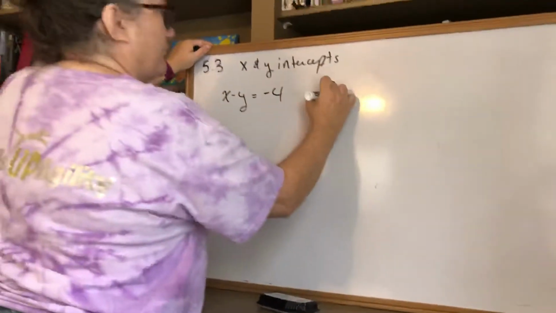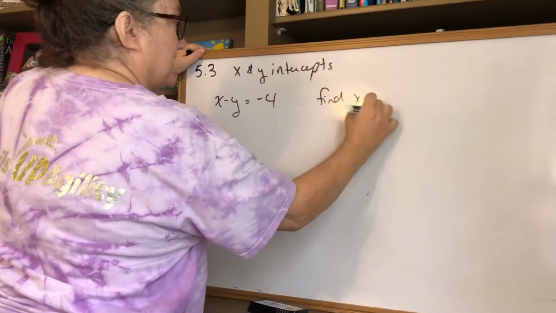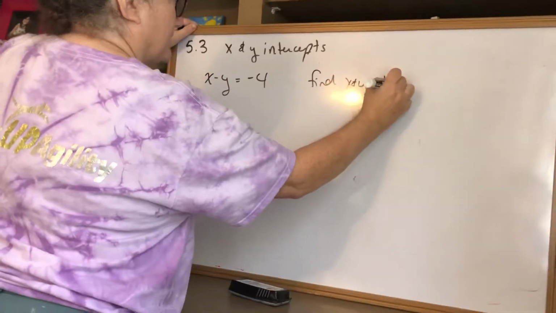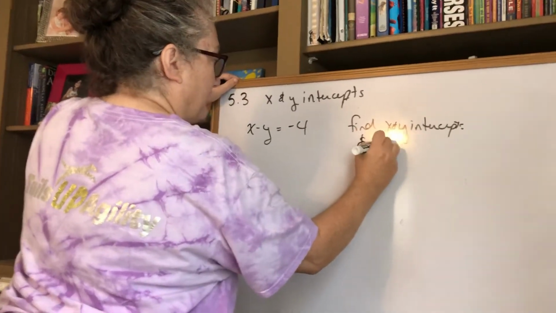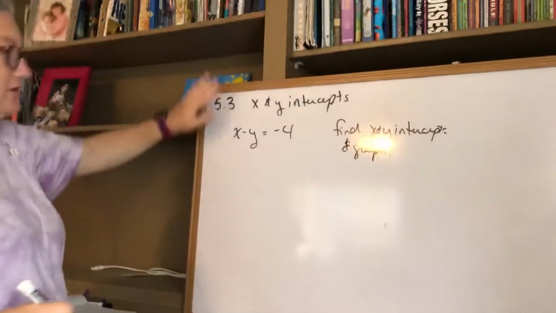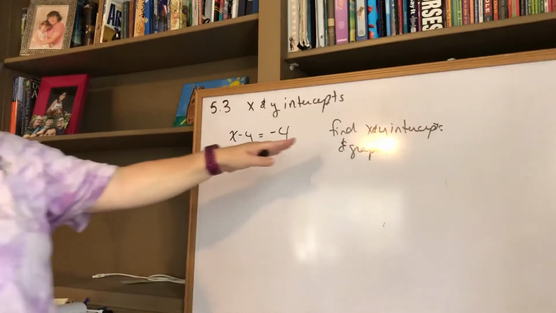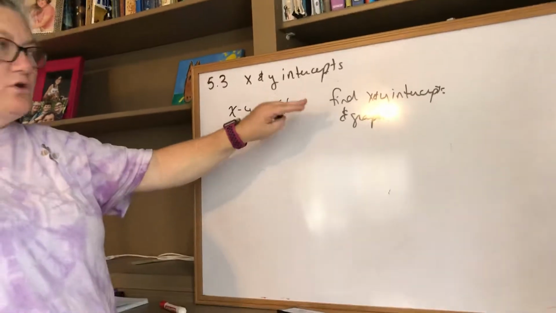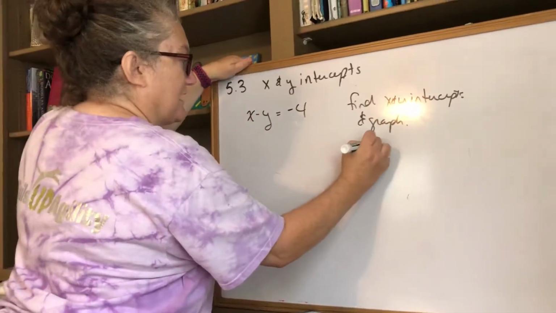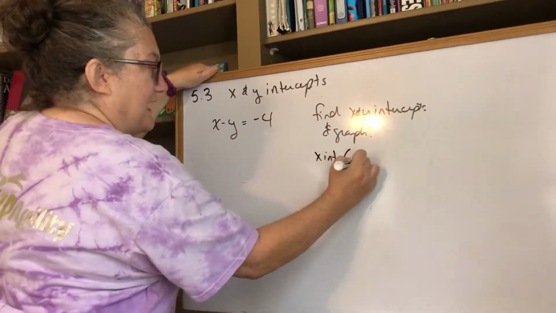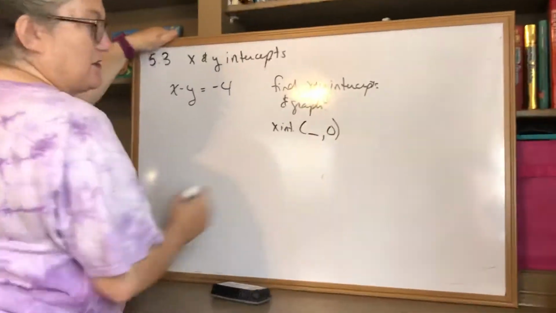So we want to find the x and y intercepts, if they exist, and we want to graph it. Okay? So looking at this here, it tells us how we're going to find two of our points. Two of our points are the x and y intercept. We know that the x-intercept has an x value and a y value of 0.